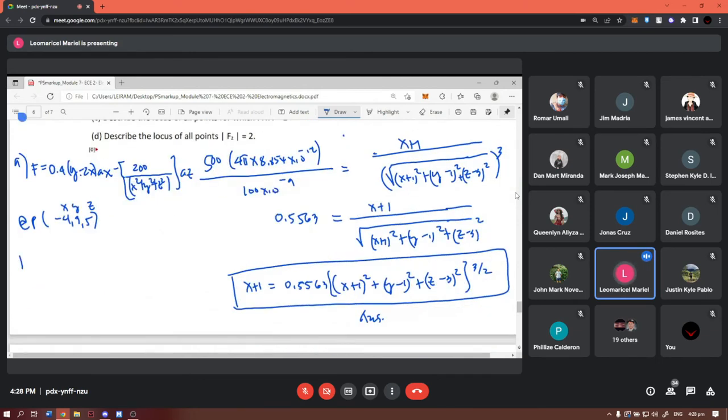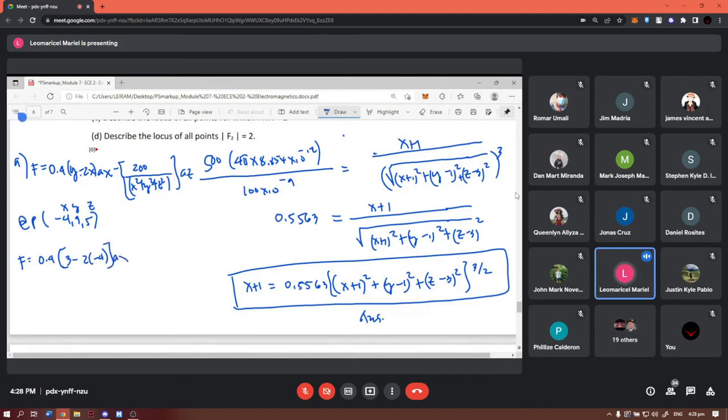Ang tinatanong lang is the magnitude of F. O, de, kunin mo muna yung F. So, the magnitude of F will be, ilagay ang x, y, z sa position. So, that will be 0.4 of quantity, ano yung y natin? 3 minus 2 times negative 4.